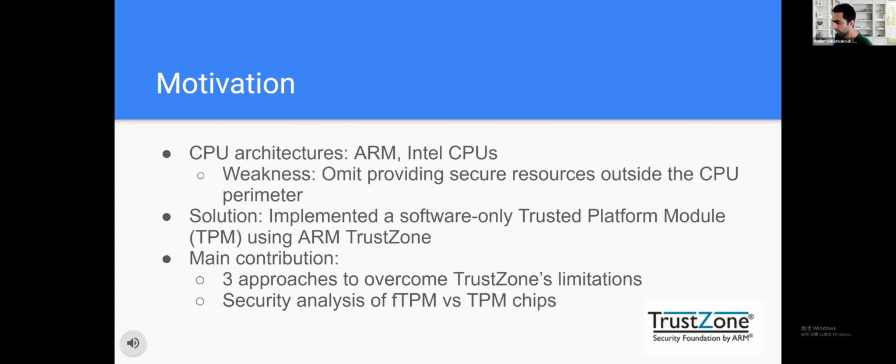Therefore, this paper implemented a software-only trusted platform module using ARM TrustZone. They have found 3 approaches to overcome the limitations of ARM TrustZone. I will talk about it later. This paper also addresses security analysis between fTPM and TPM chips.